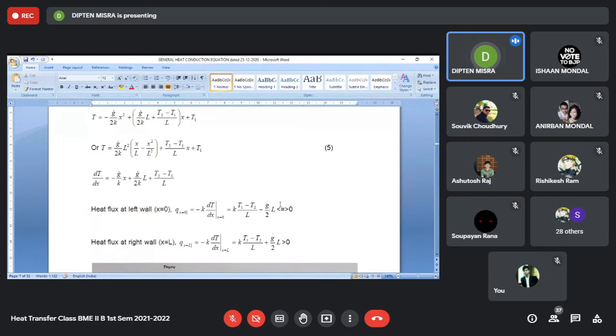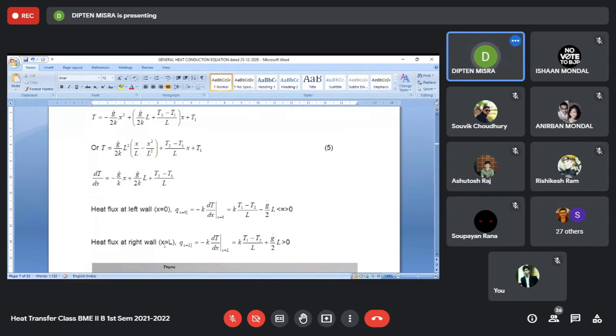But because of the presence of this term, it may make the heat flux negative, when heat will come out. It will be positive when heat will go along x, that is, enter the wall. And when the first term becomes equal to the second term, there is no heat flow across the left side of the wall. So the left side of the wall will behave like an ideal adiabatic surface. It is not an assumption, it will happen like that.